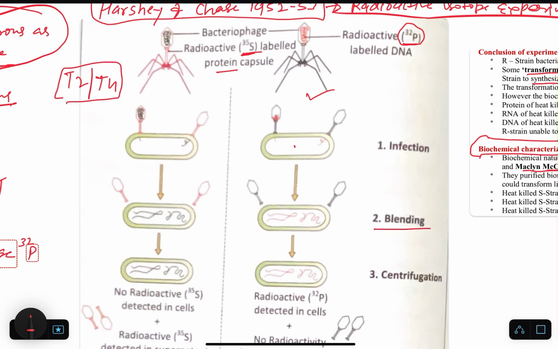Then with the help of blending, they separate the protein part of the bacteriophage, and his DNA is introduced inside this. So this is the DNA of the bacteriophage, and this is the DNA of the bacteria.